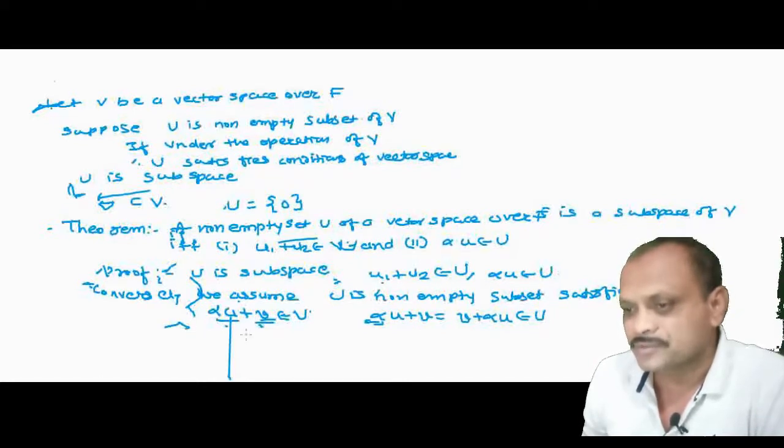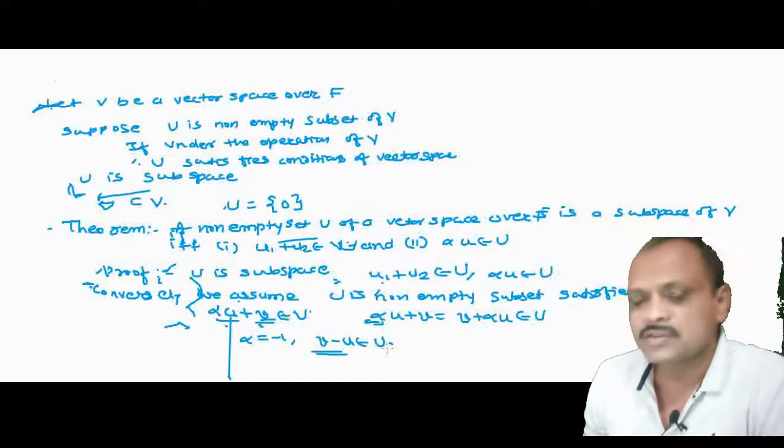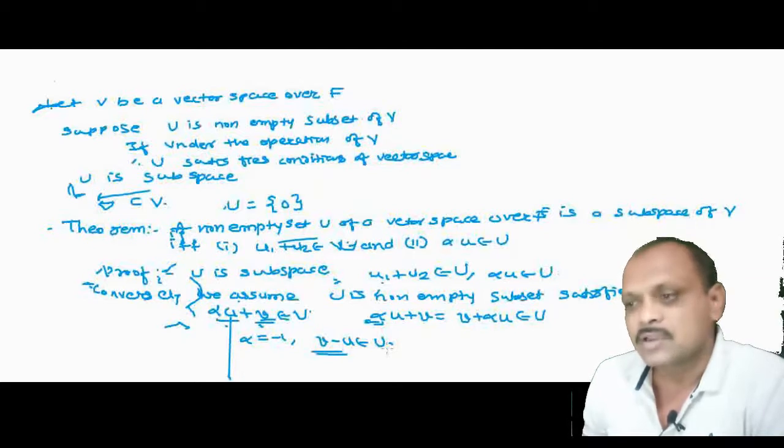If we take alpha equal to minus 1, we have v minus u belongs to U, and this shows that U is an abelian group. This is a property of a group with operation plus. When this combined condition is satisfied, it is called an abelian group.